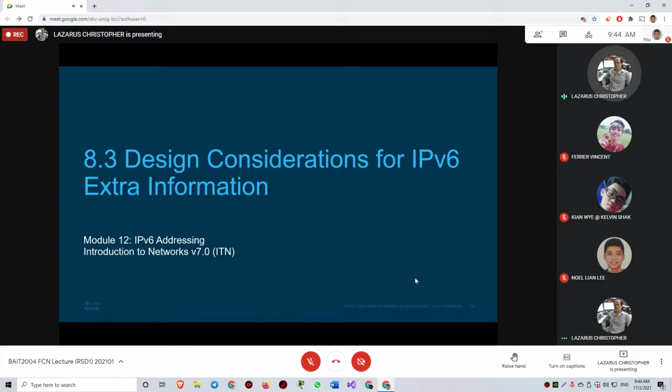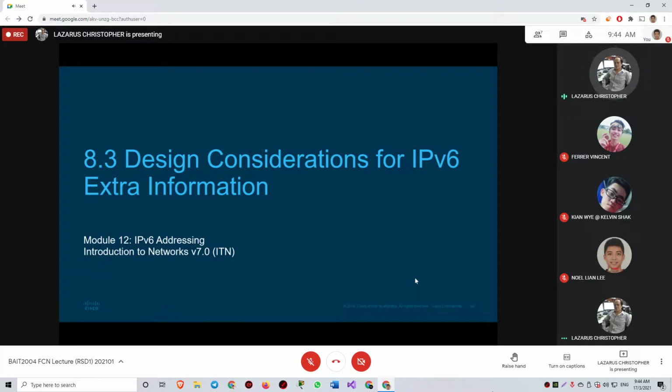They straight away proposed IPv6, and this time they didn't want to make the same mistake. From 32-bit all the way to 128-bit is a big jump. So that's one of the major reasons why IPv5 never took off, and it was skipped.